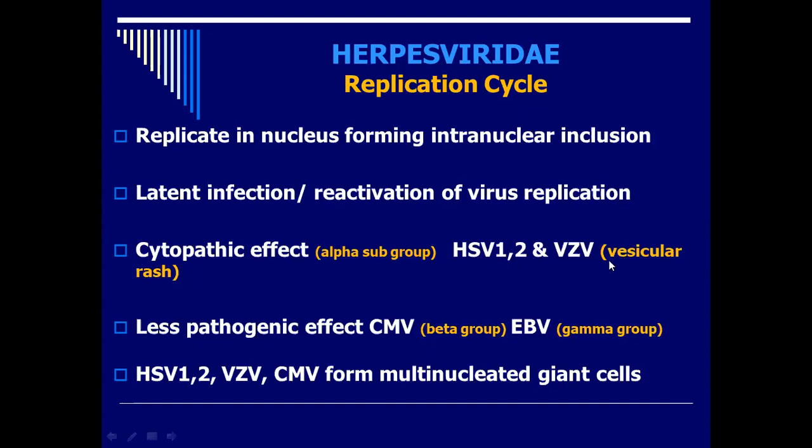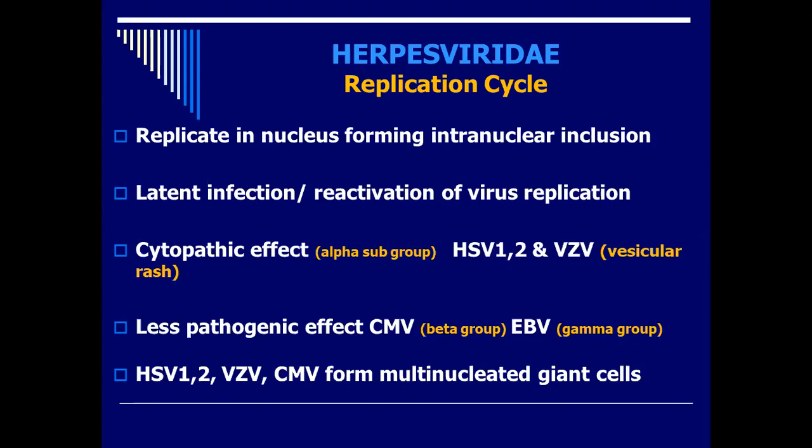This group of viruses has a killing effect on cell lines or human tissue cells, and they cause vesicular formation or vesicular rashes. The second group is less pathogenic and does not cause vesicle or rash formation on the human tissues, and it comprises cytomegalovirus, which belongs to the beta group, and the Epstein-Barr virus, which belongs to the gamma group.